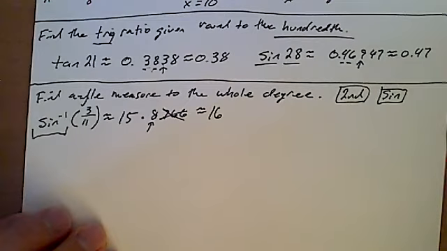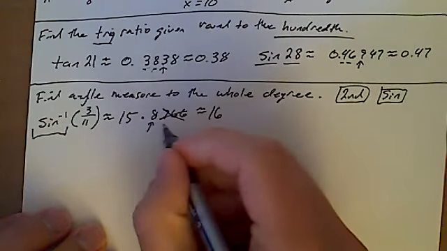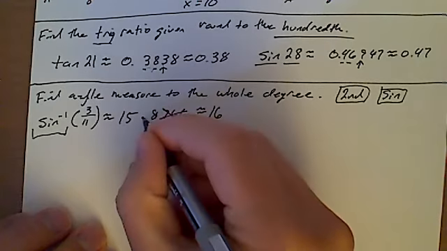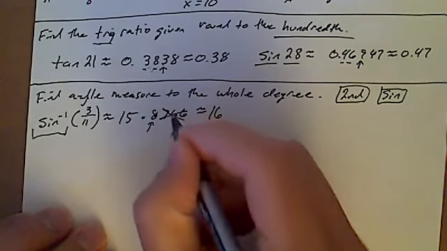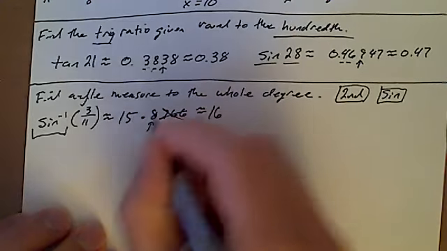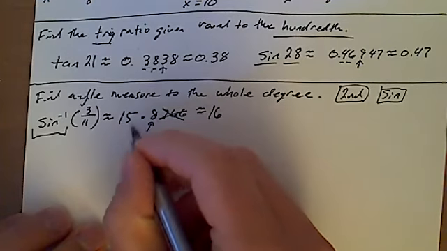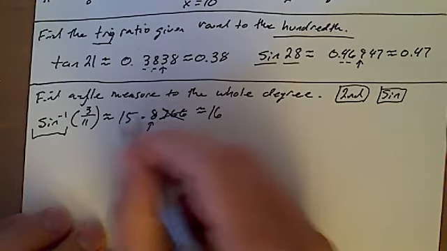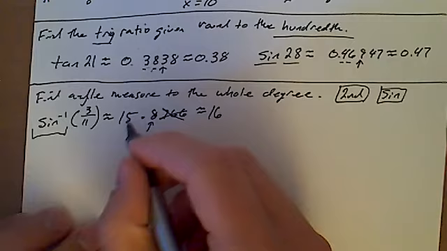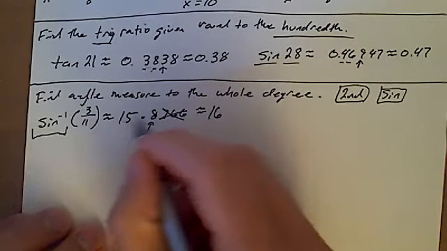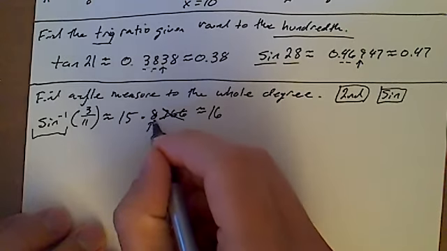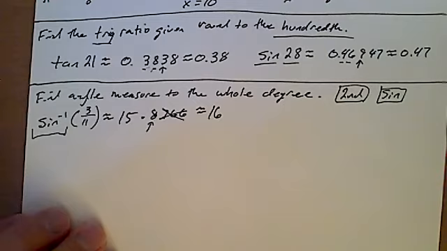The other way to think about it is 0.8 is closer to 1 than 0. Is 15.8 closer to 16 or 15? It's closer to 16. That's why we rounded up to 16.